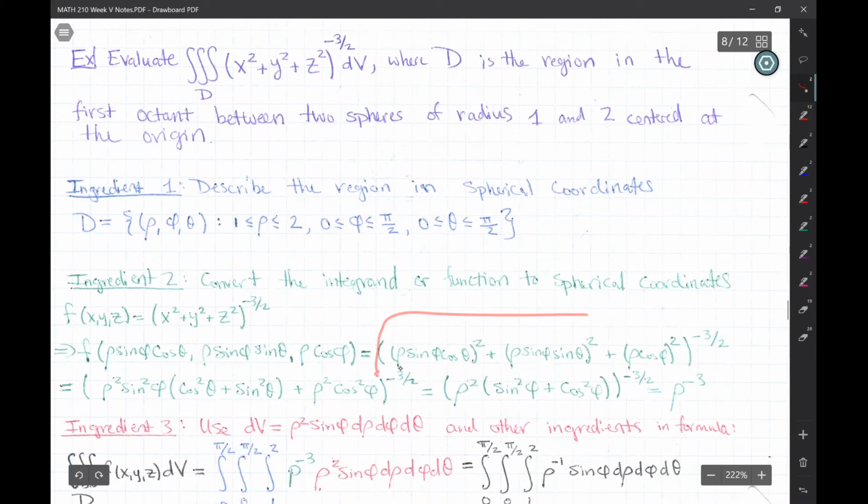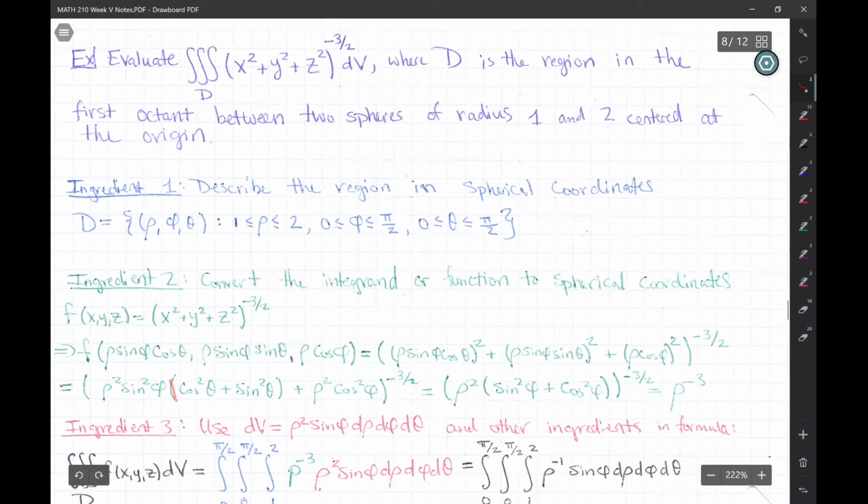And what we could then do is we'll have a common rho squared sine squared phi in both of these first two terms, in the x squared plus y squared term there. And so you could factor out that common term and get cosine squared plus sine squared. Each of these depends on theta, so they have the same angle. And we could then use that this should be equal to 1.